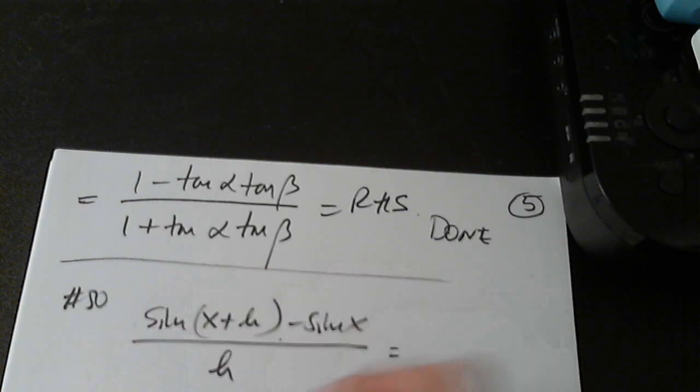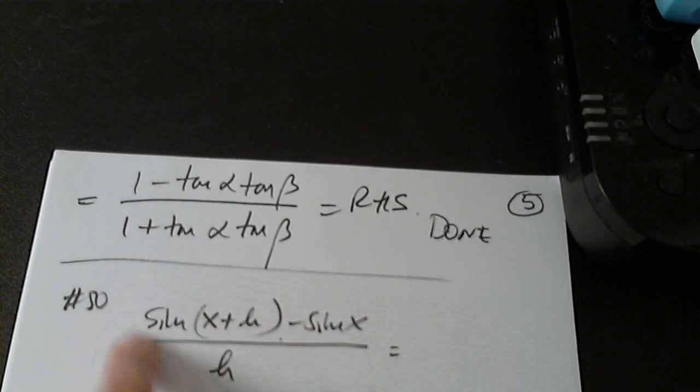Is this a special formula that we looked at before? Does this remind you of anything? Not this, just this. Does this remind you of anything? And how is it called?